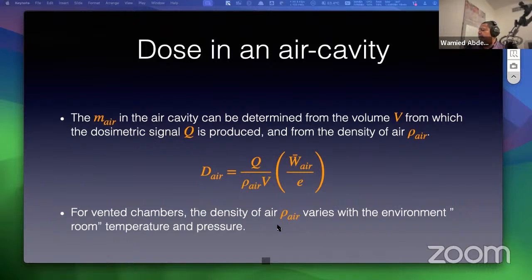However, if we had a sealed chamber that is not open to the environment, then the density of air will remain the same. It changes for open or vented chambers.